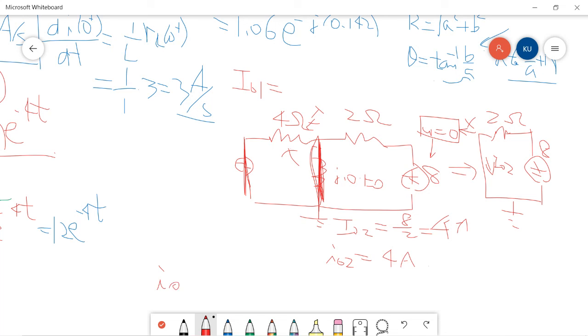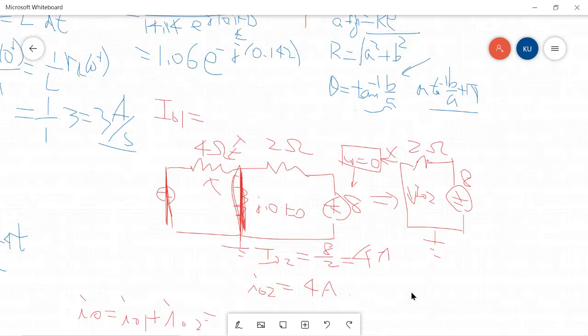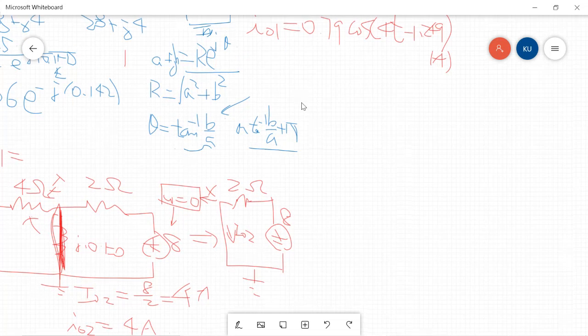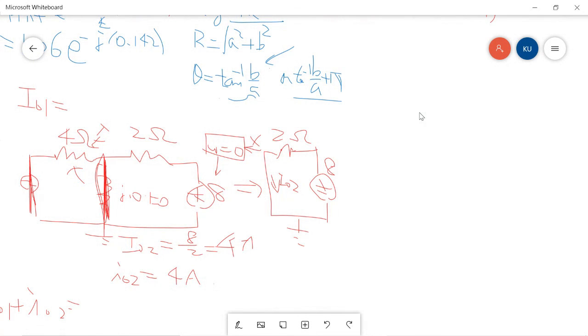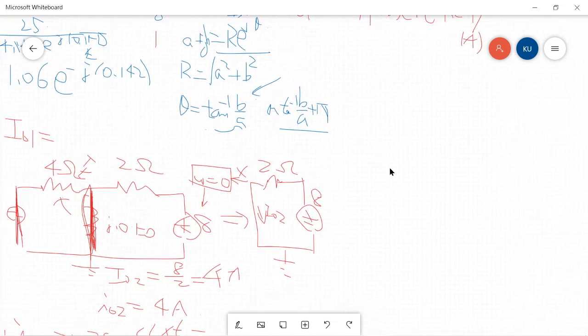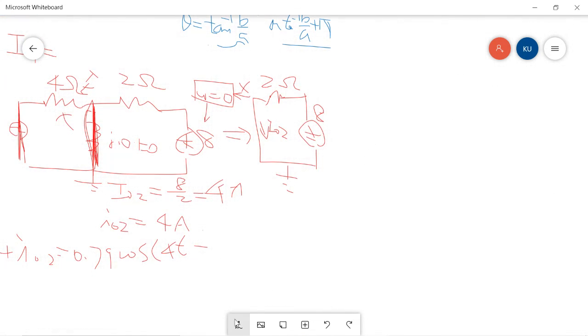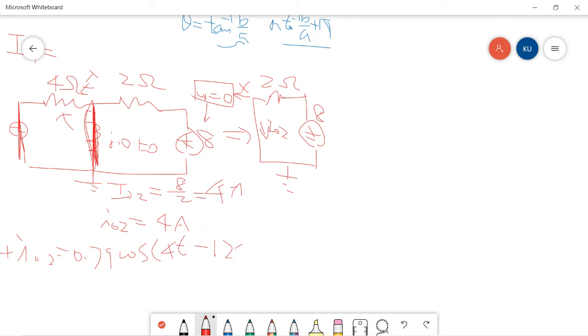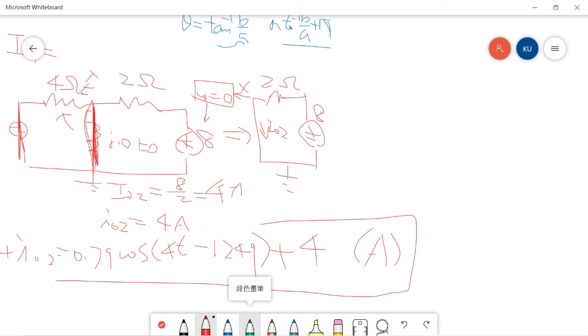So finally I0 will be I01 plus I02. I01 is 0.79 cosine 40t minus 1.249, plus 4A, and this is the answer.